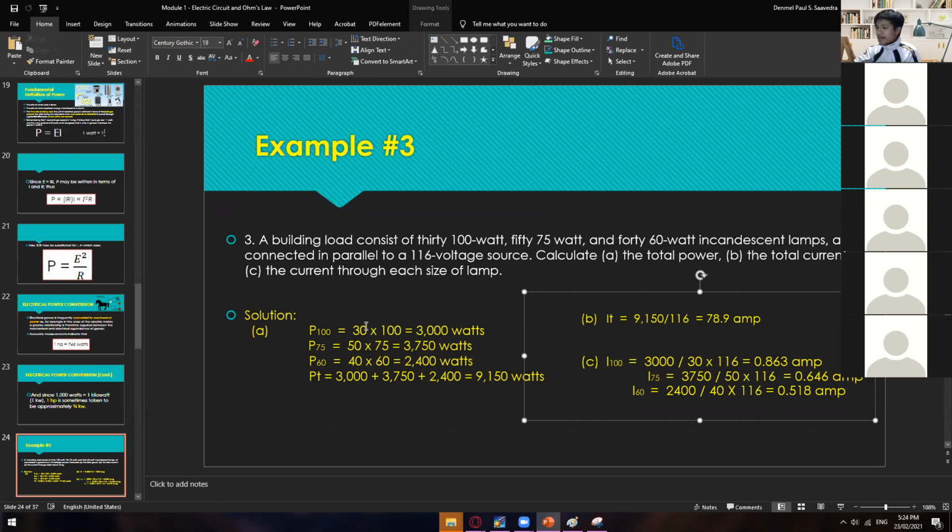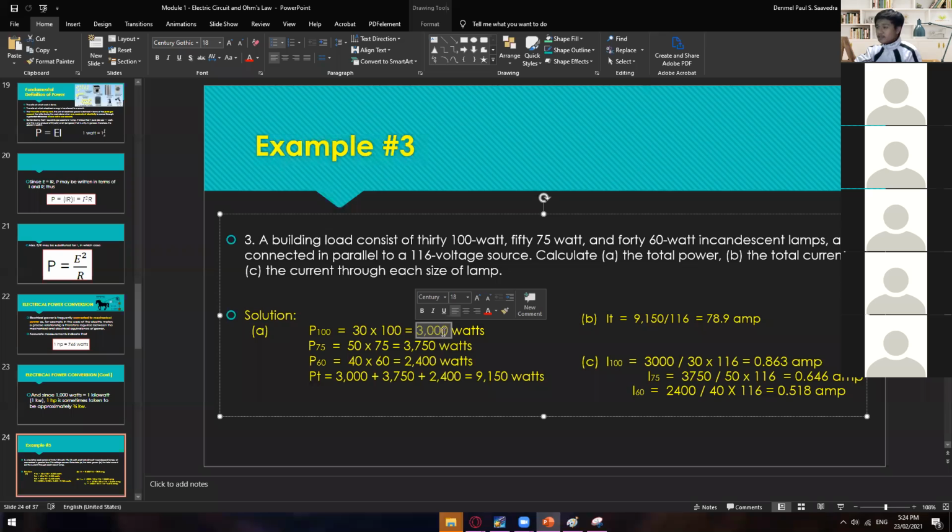So for the P sub 100, we have here 3000 divided by 30. Sorry, this one is the whole, okay? So you have to get one lamp only, each size of lamp.